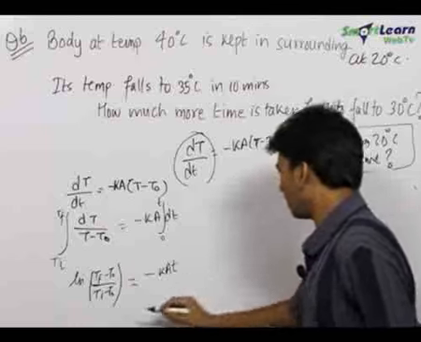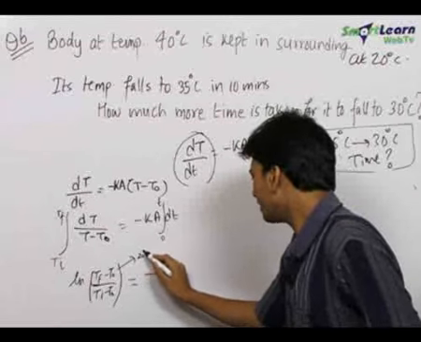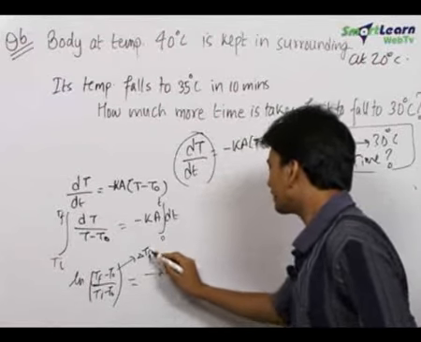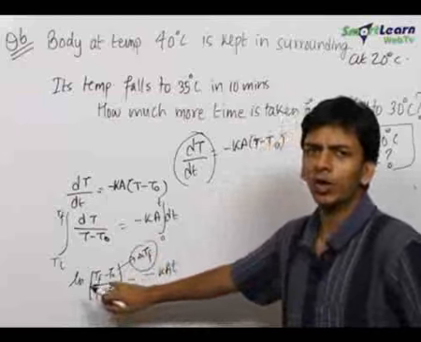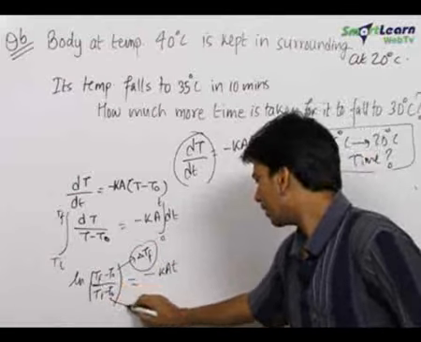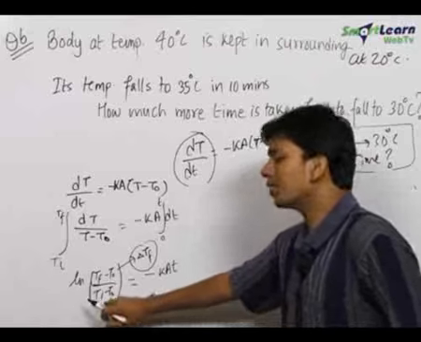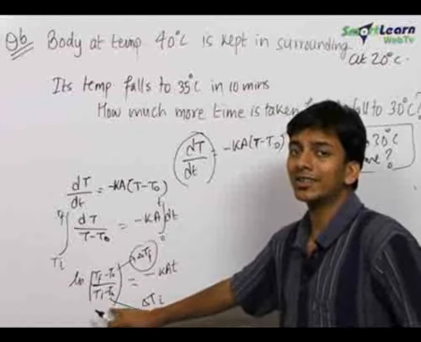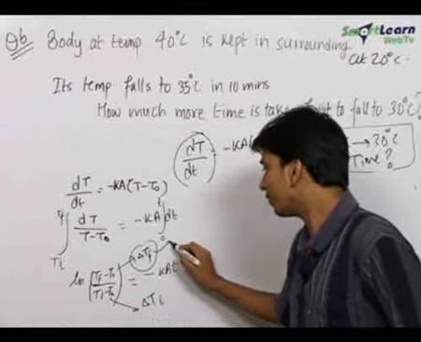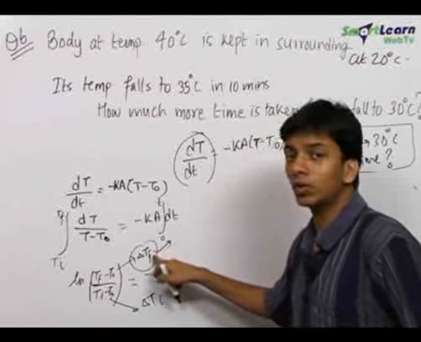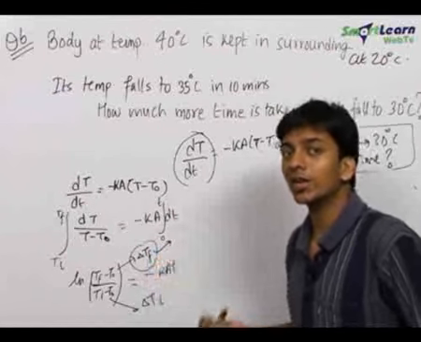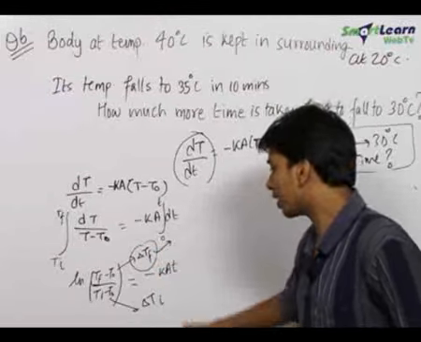Now this is delta T final, the final temperature difference between the object and the surrounding. This is delta T initial, the initial temperature difference between the object and the surrounding. Always remember this: delta T initial is defined as the initial temperature difference between the object and the surrounding.